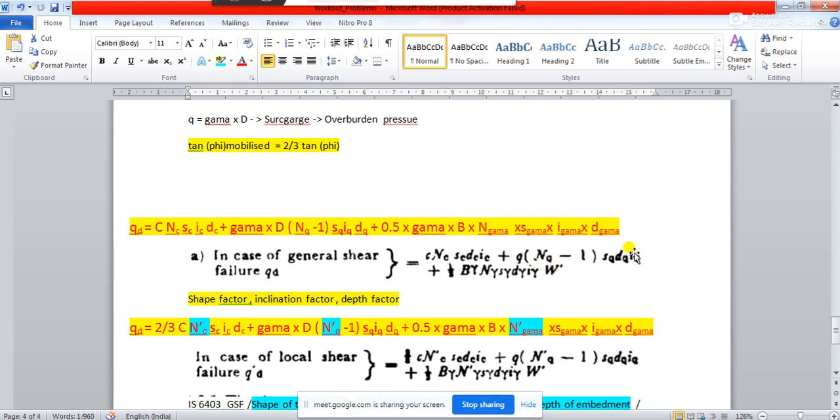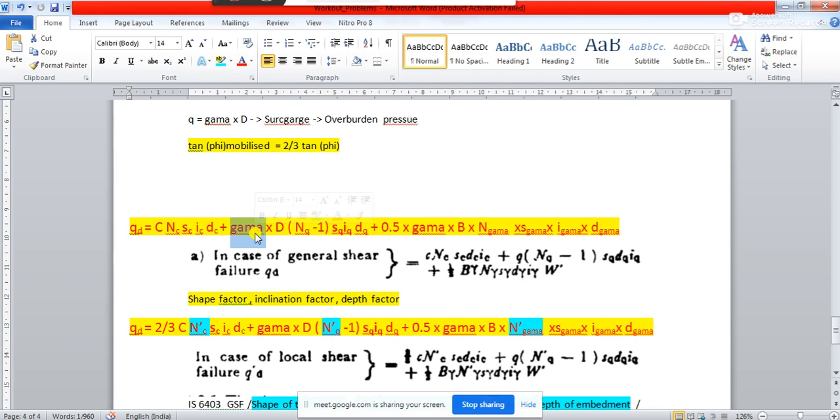So there is no RW1 factor multiplied over here. So in such a case, either you use the RW1 factor and reduce the value of gamma, or you use the exact value of gamma above the base of the footing.